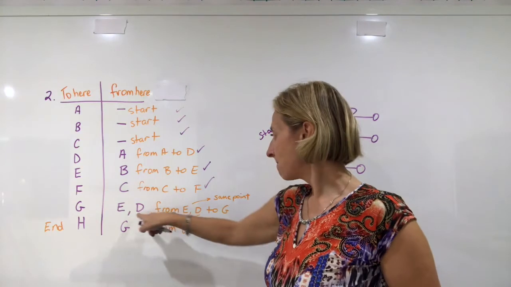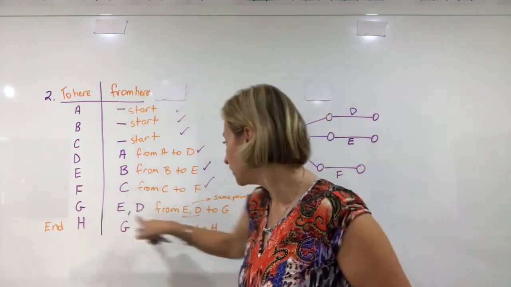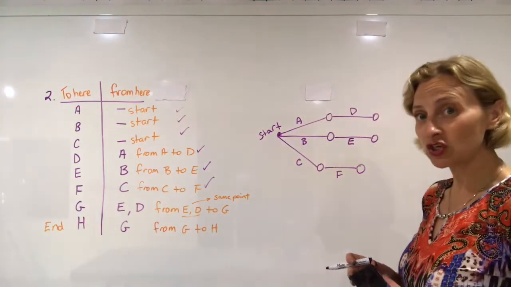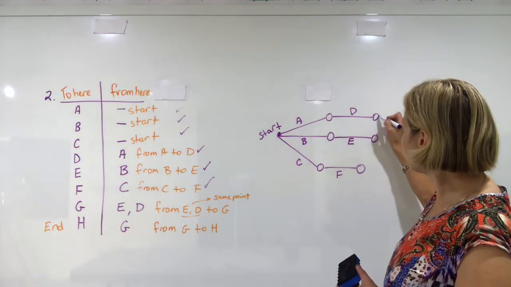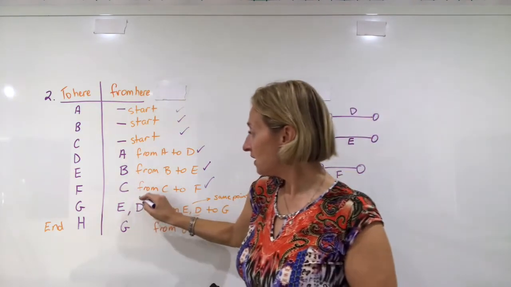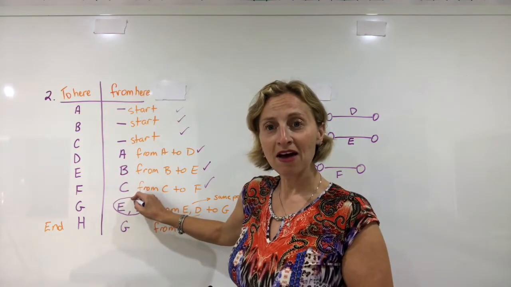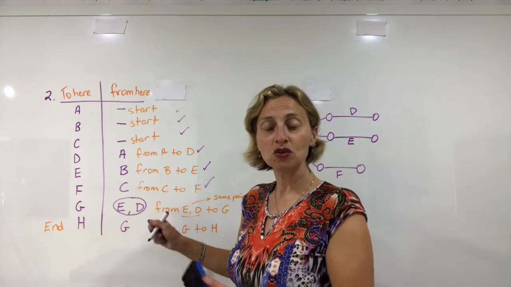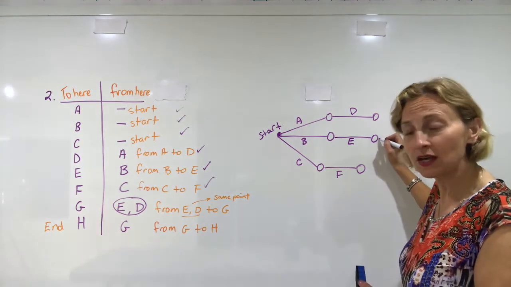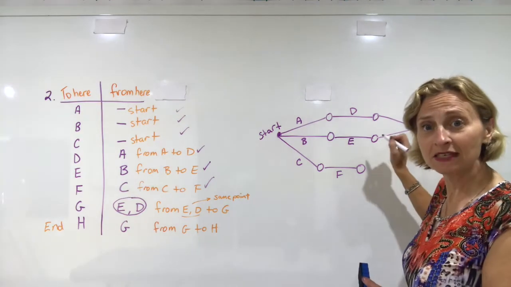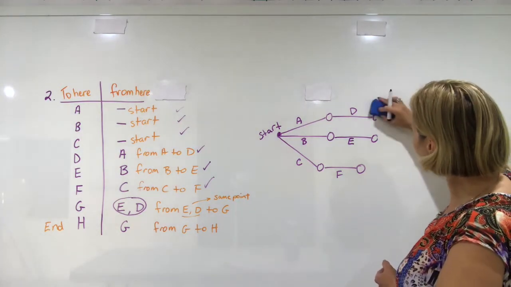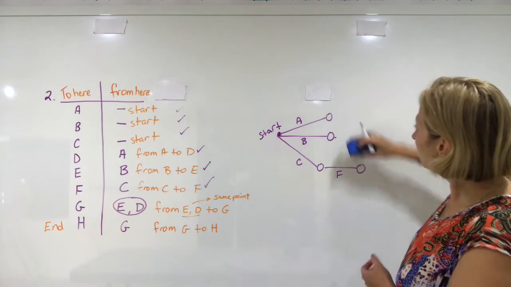So good so far. Then E and D can go to activity G. From E, D, go to G. Now remember, I did say to you that this bit was a little bit tricky, because from E and D you can get to the point G. This actually means that you have to have E and D together to get to the point G. You can't have a choice of E or D. It has to be the point that joins E and D together, which means that I actually have to join these 2 together.